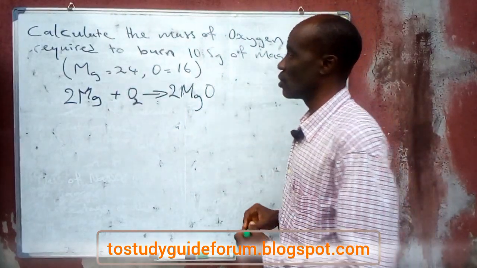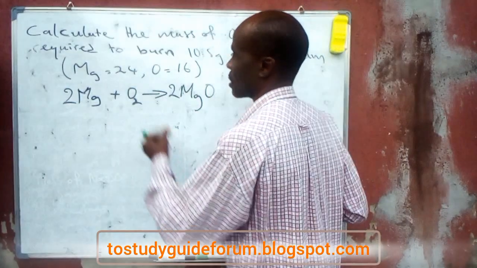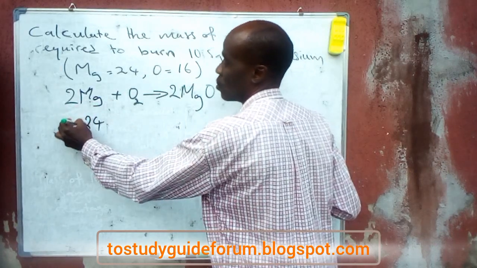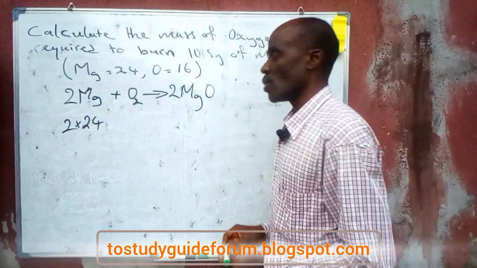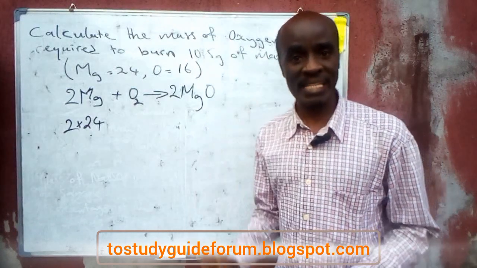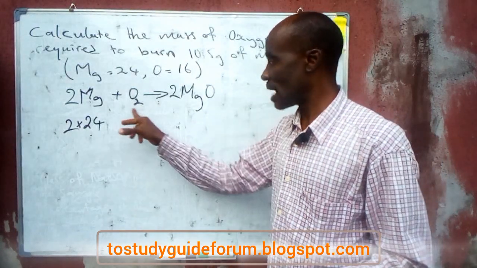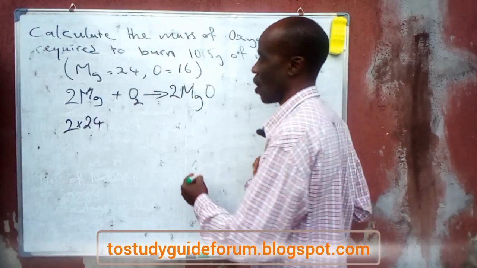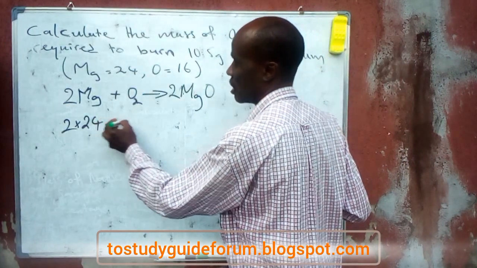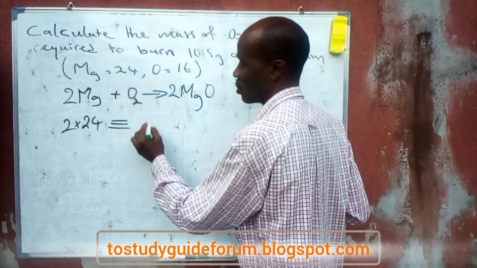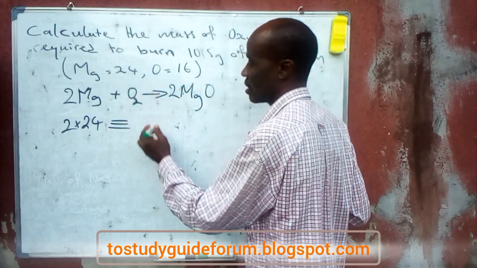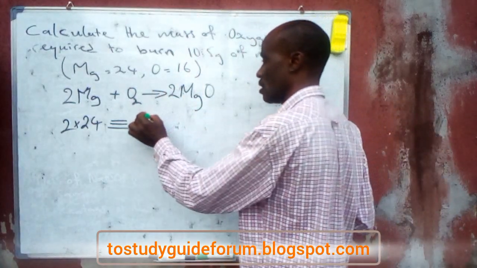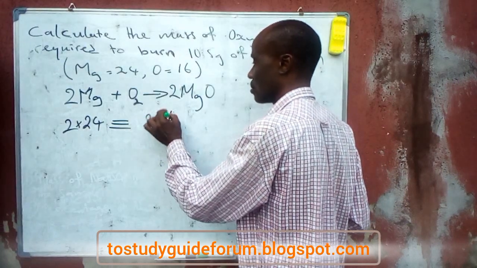Now, you know that the relative atomic mass of magnesium is 24. That means 2 times 24 will give us the mass of magnesium involved in this chemical reaction. Coming over to oxygen, which is diatomic, the relative atomic mass of oxygen is 16, so 2 times 16.